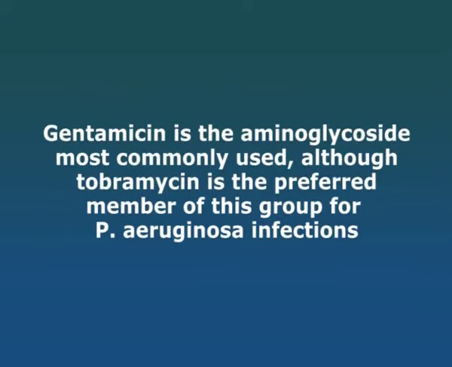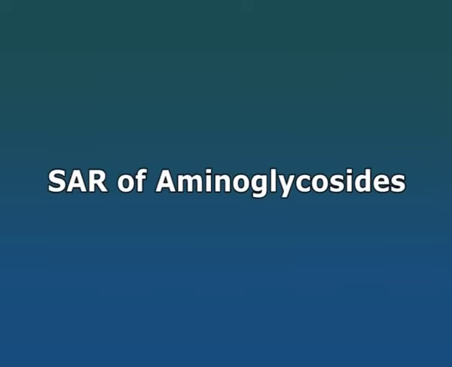Gentamicin is the aminoglycoside most commonly used, although tobramycin is a preferred member of this group for Pseudomonas aeruginosa infections. Amikacin has the widest antimicrobial spectrum and, along with netilmicin, can be effective in infections with organisms resistant to gentamicin and tobramycin.